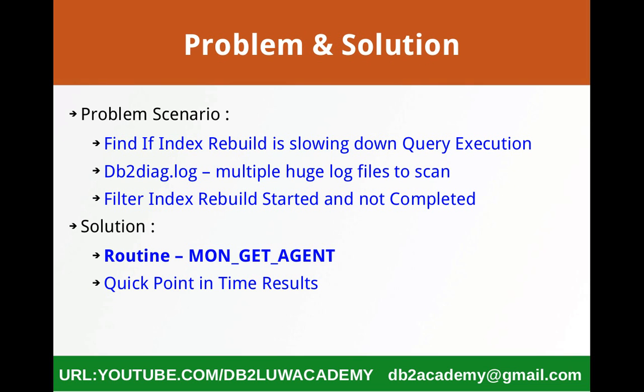You can execute this MON_GET_AGENT routine and find out what are all the queries which are currently getting slowed down in the system because of the index recreation process. With the diag log you have to parse the output and interpret certain things, but this will be a very simple approach.